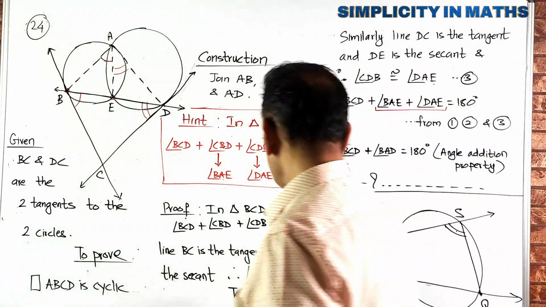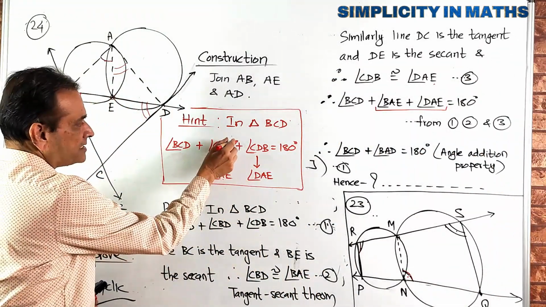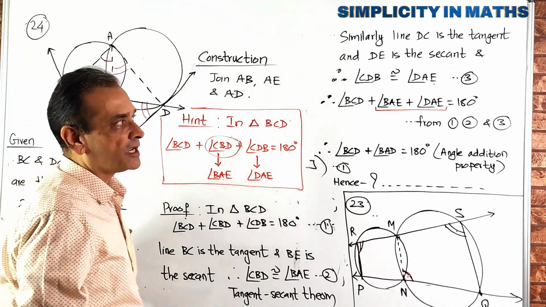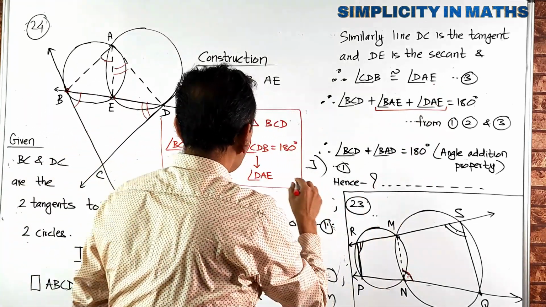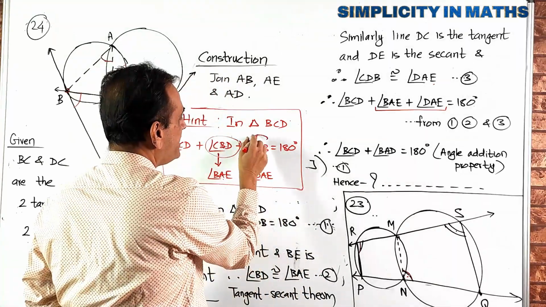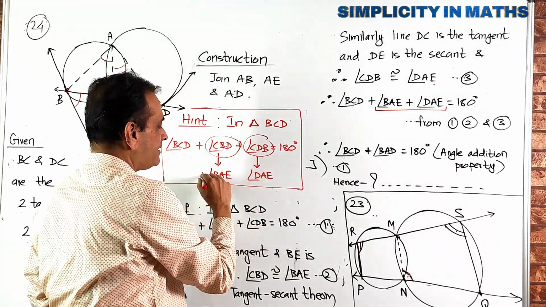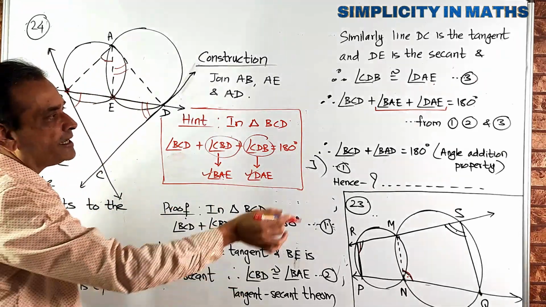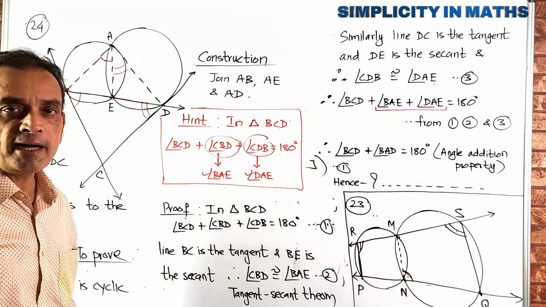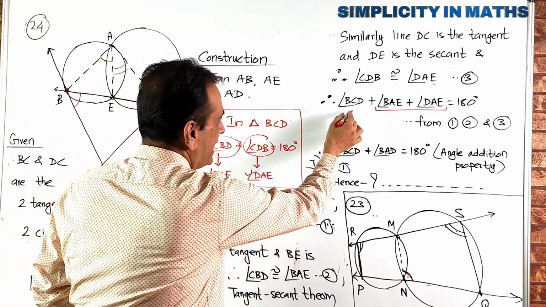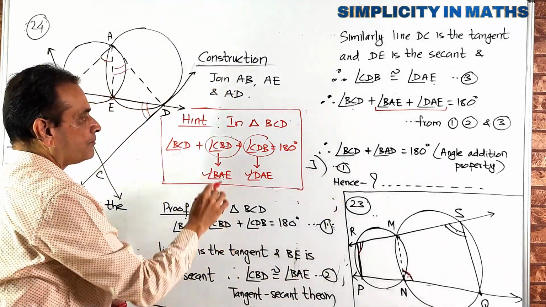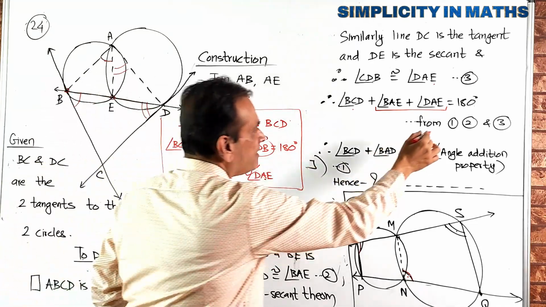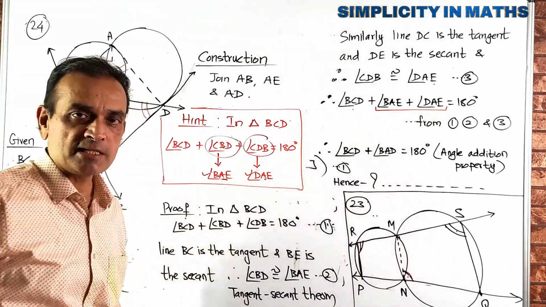From equation 2, instead of CBD, I will write BAE. From equation 3, instead of CDB, I will write angle DAE, right? So from equations 1, 2 and 3, finally, angle BCD plus angle BAE plus angle DAE equals 180 by replacing.